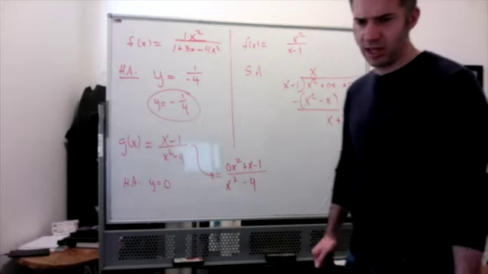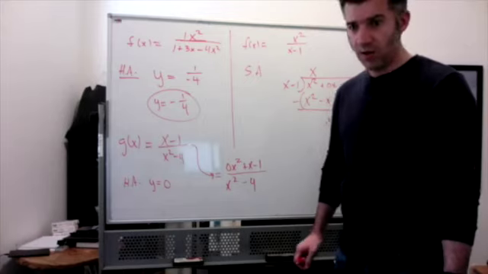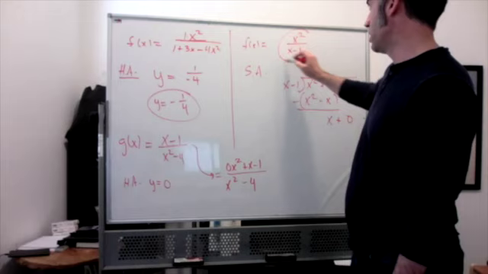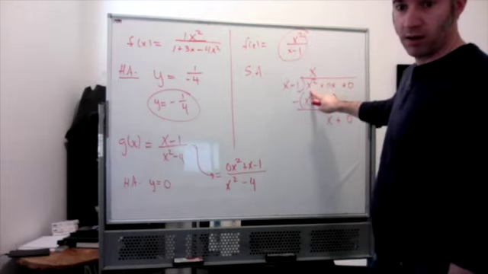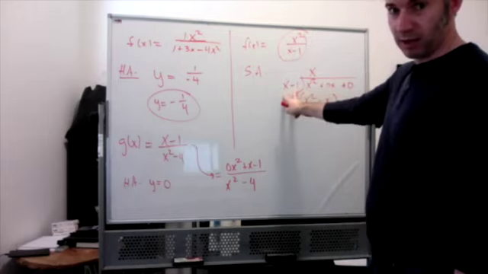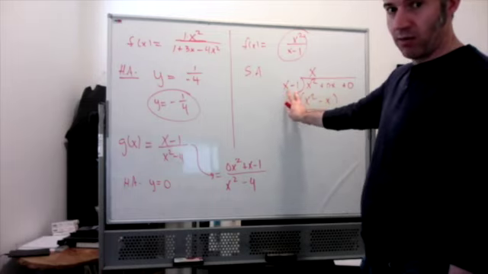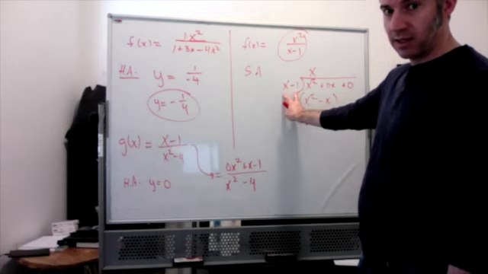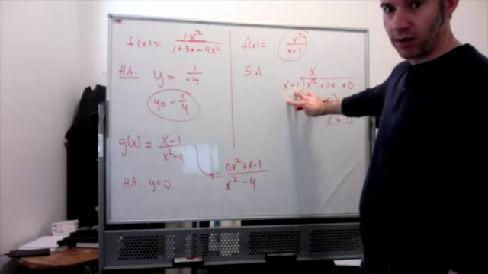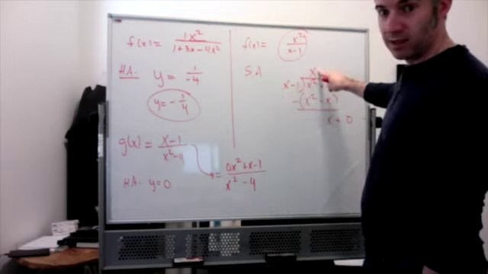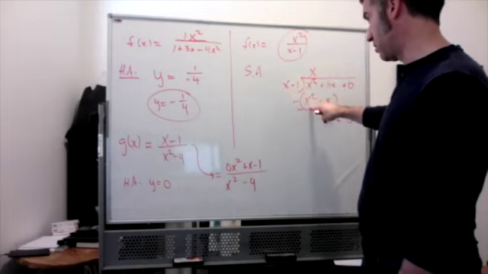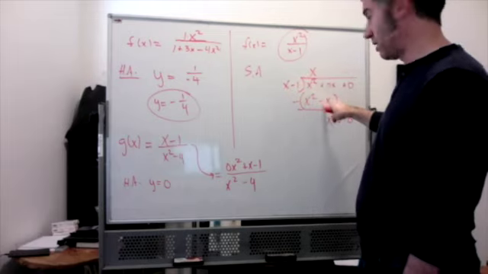I'm not sure what you're saying exactly there, Alessandra. What I'm doing here is I'm just saying I have x squared divided by x minus 1. And then I'm asking myself, what do I multiply by x to get x squared? And the answer is x. So then I do x times x is x squared, x times minus 1 is minus x.